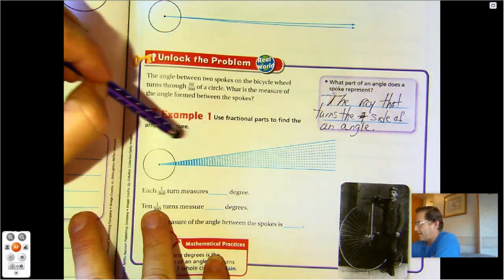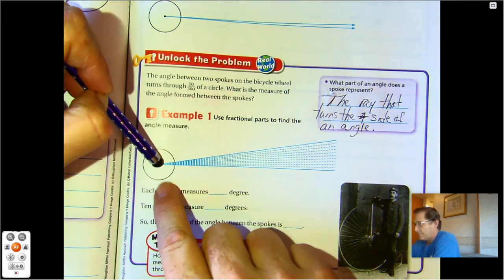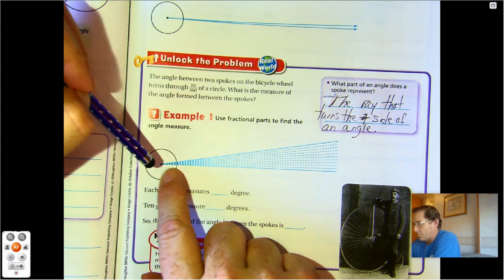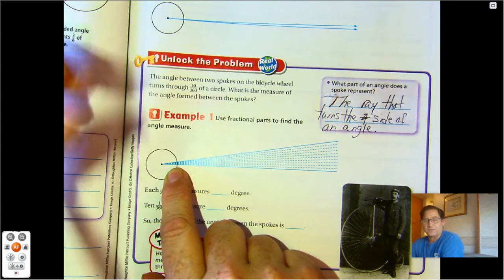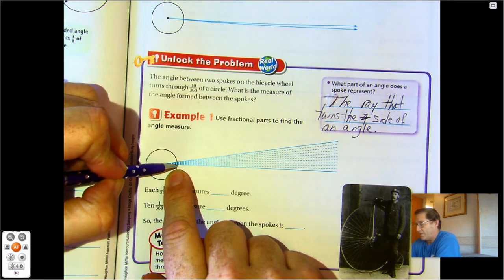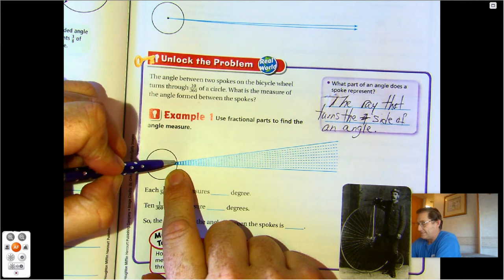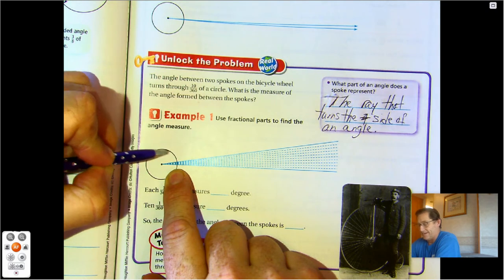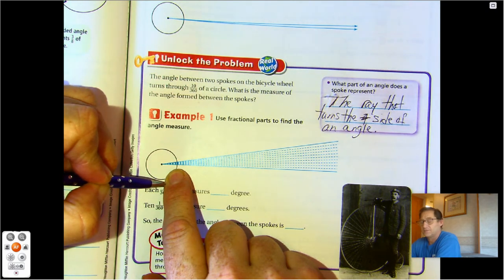It says the ray that turns the side of an angle. So if this was closed and this was our starting point, the rays were sitting right on top of each other. I guess you'd say it's 0 degrees, right? As it's opening up this way, the part of an angle the spoke represents is the ray that is turning around the circle.